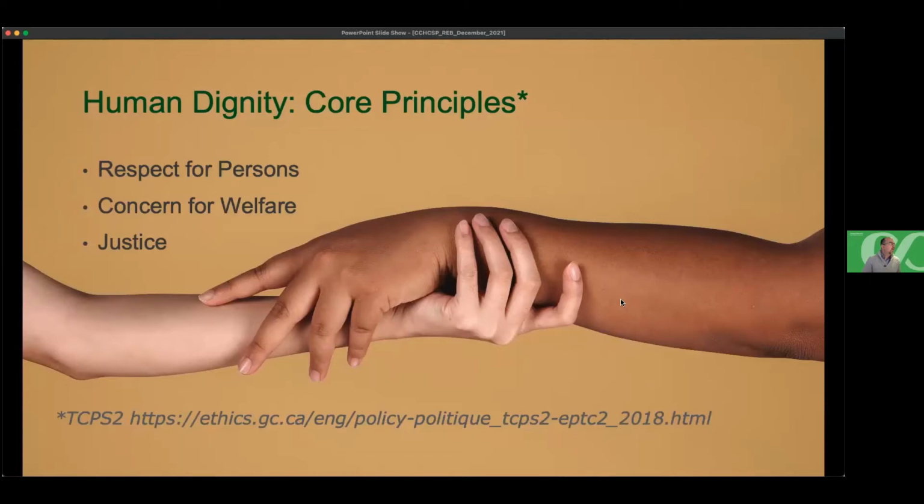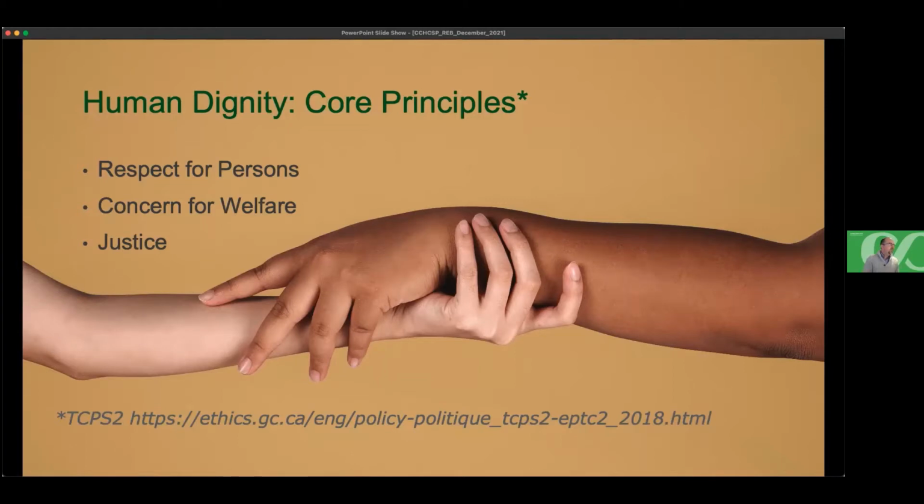So the core principles of human dignity are laid out in the TCPS2, which I've put the link here below. I think all of us are familiar with the document. And if you're conducting research of any kind with humans, and again, there's going to be a human slant on this because I don't have to oversee research with animals in my institution, you're going to have done the TCPS2 training, potentially as well as other trainings through the city program.